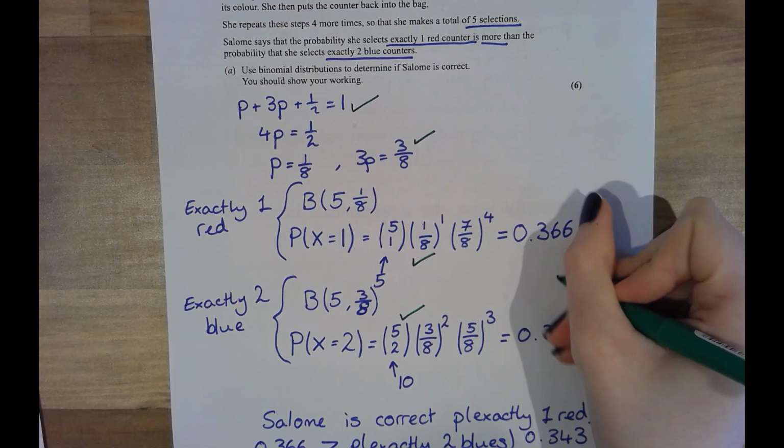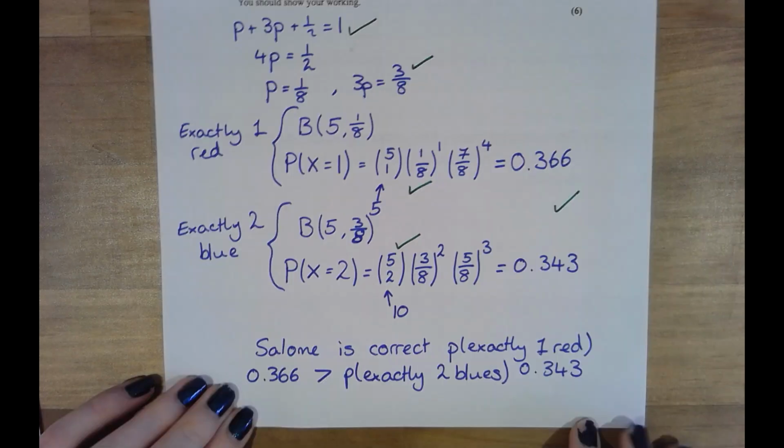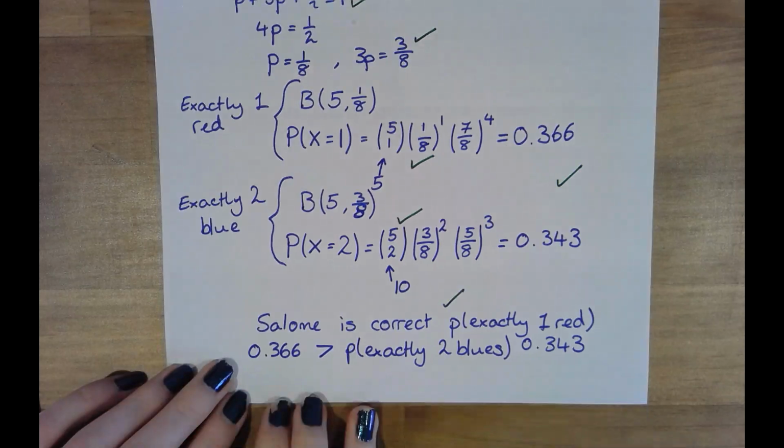And then our 6th and final mark is for stating that Salome is correct, because we've used those 2 probabilities that we have worked out.